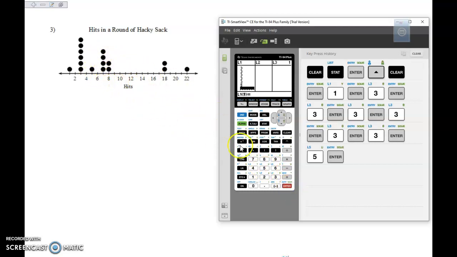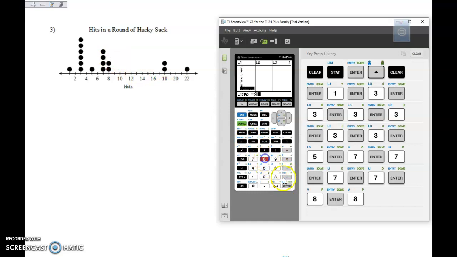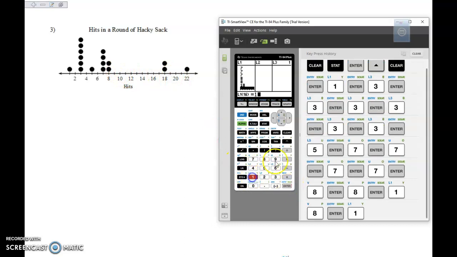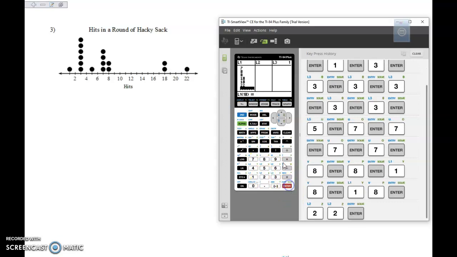Then four 7s, and then two 8s, and then an 18, two of them, and then a 22. Let me double check. So I should have 17, and I do have 17 data values.